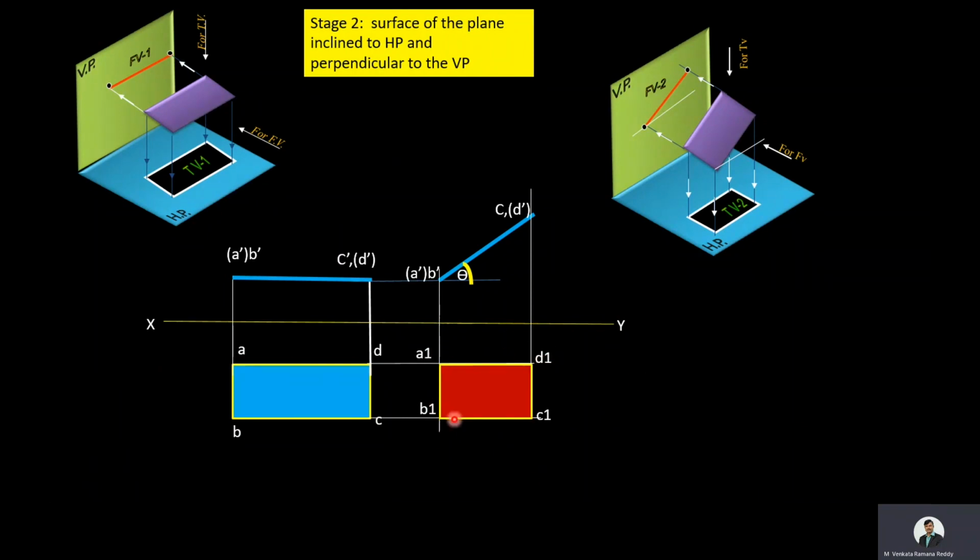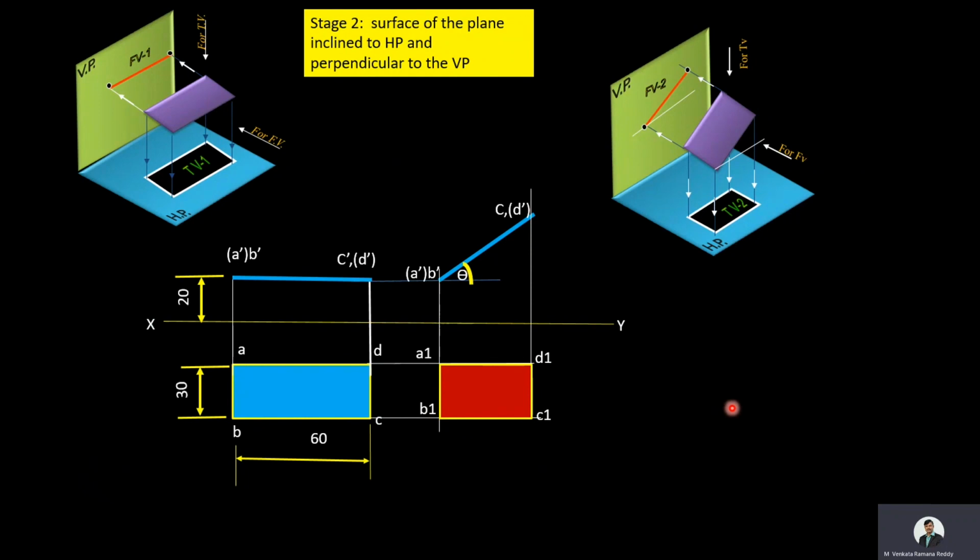Then this is the required final top view in the second stage, that is second stage top view. Here, when the plane is making an angle theta degrees to the HP and it is perpendicular to the VP, then we got top view shape like this. With this, we'll complete second stage solution.